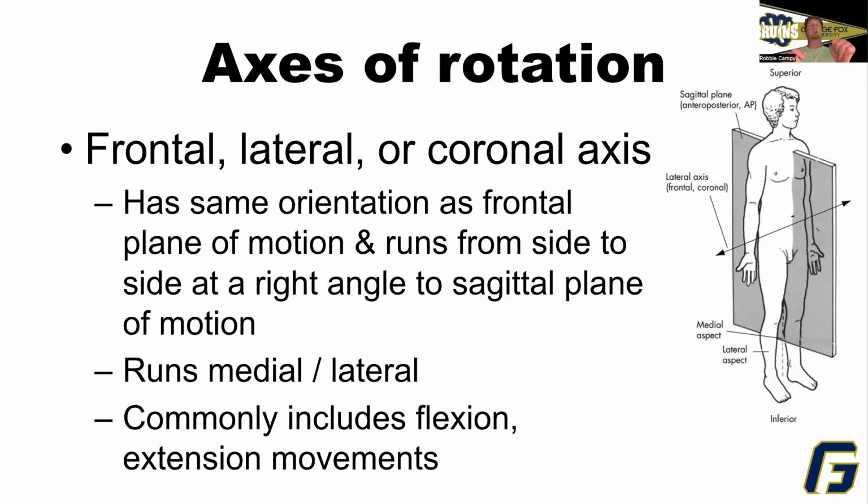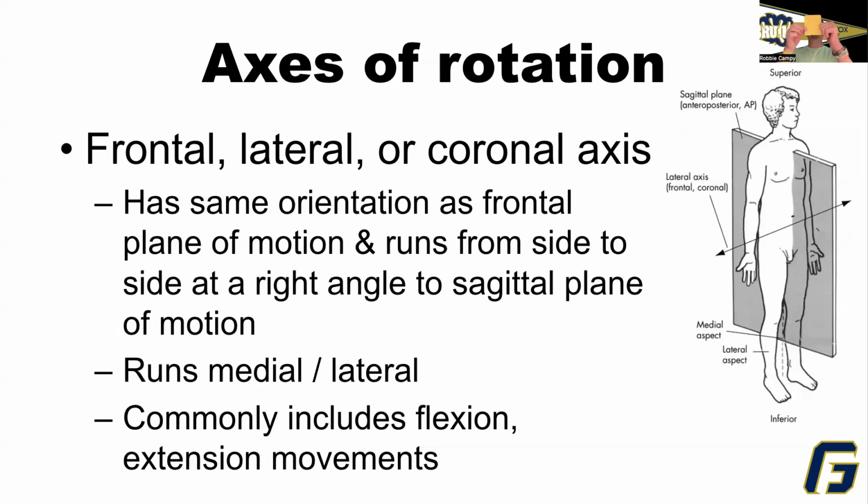Here again, I'm going to take the piece of paper to create my sagittal plane. It's going to divide me in half from right to left. That means that this axis is going to be oriented in this space. So you can see now that this axis is running from right to left, which was also the name of what we referred to as the frontal. In this case, since we're talking about an axis, we're going to refer to that as a frontal axis.